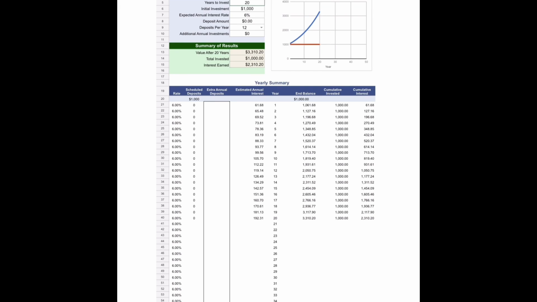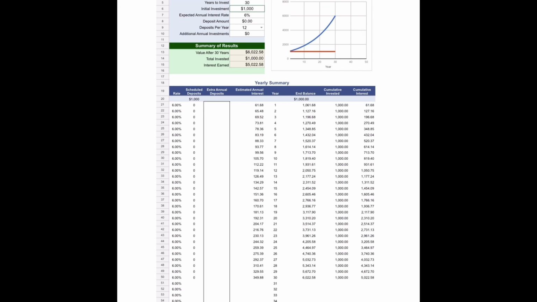So to start out, we're going to let that $1,000 grow for 20 years, no added contribution. So no more money invested, just $1,000. And on average, over those 20 years, we're going to say it grew 6%. So not every year it grew 6%, but over the course of the 20 years, the average rate of return or average interest rate, whatever you want to call it, came out to be 6%.